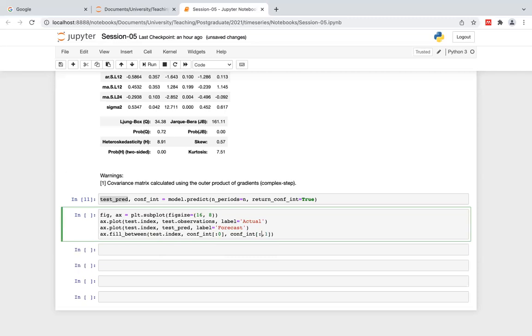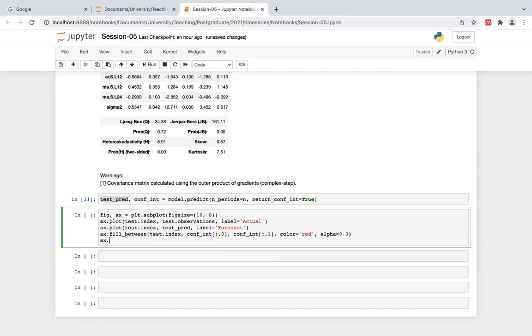Sorry, there should be a comma. Right, I set the color of this shade, do I set it to red? Then I set alpha to make it somewhat transparent, to 0.3. You can change them, right? Then I set the legend.